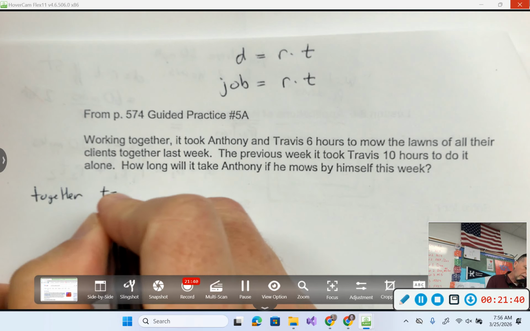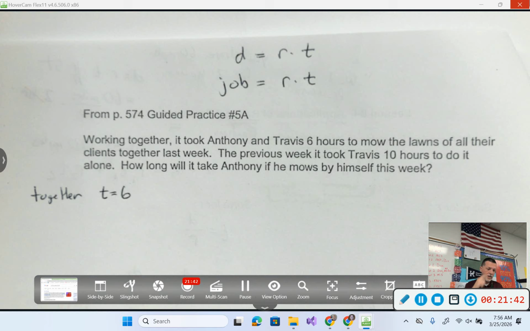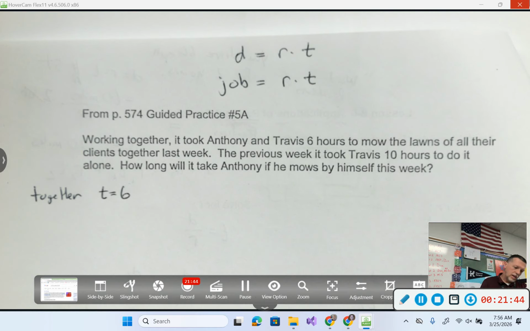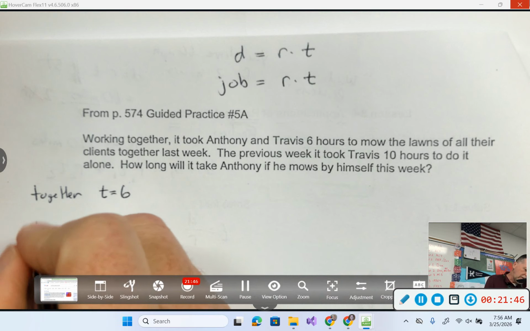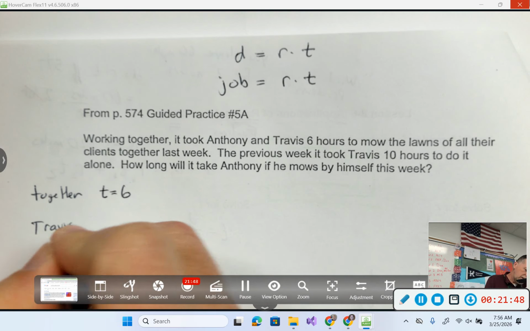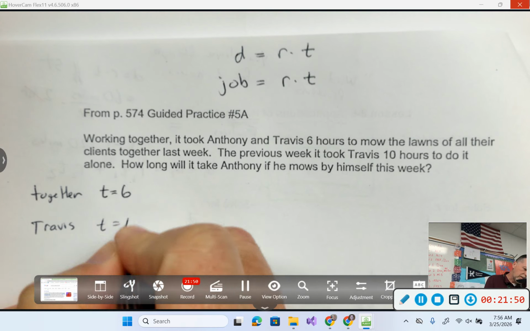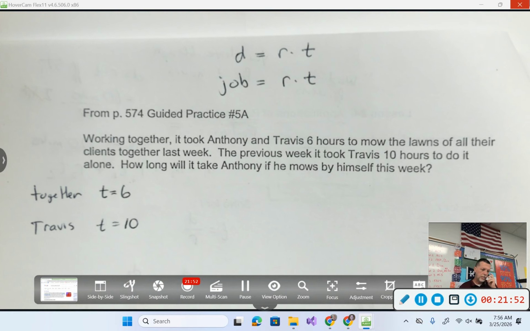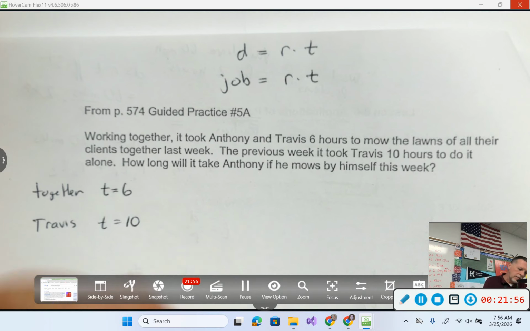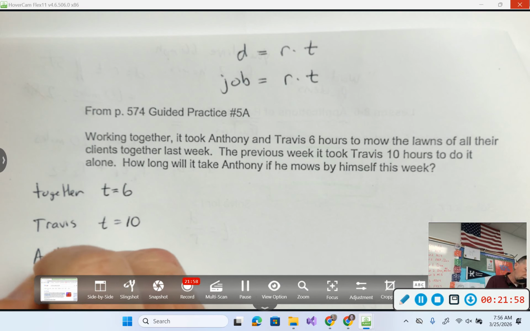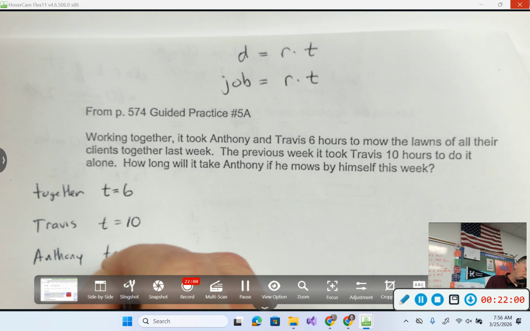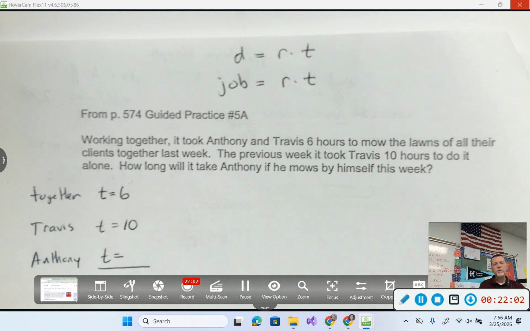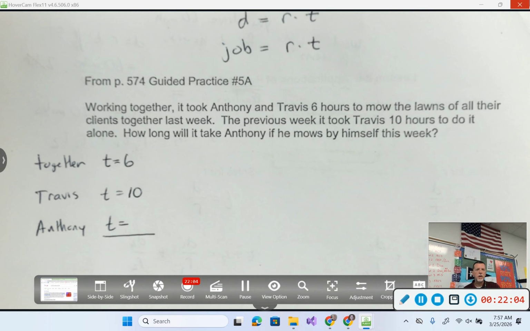So together, time was 6. The previous week it took Travis, so Travis's time was 10. How long will it take Anthony if he mows by himself? That's what we don't know, how long will it take Anthony to do this job?